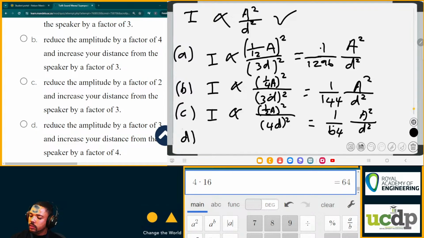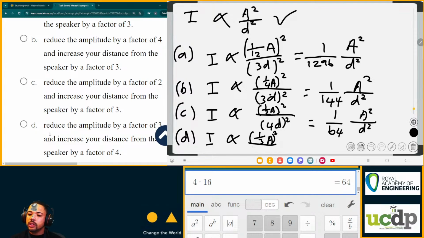Now D, let's see D. I is proportional to... for D, we reduce the amplitude by a factor of 3. So 1 over 3 squared.